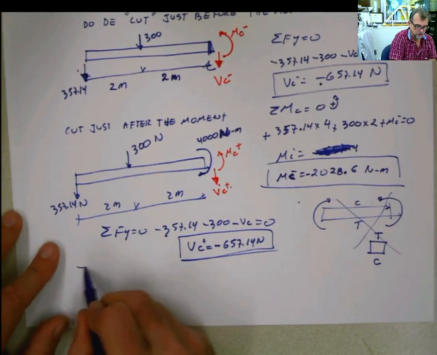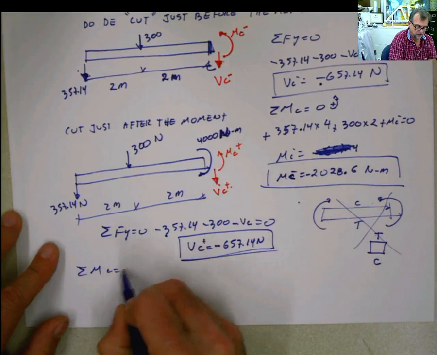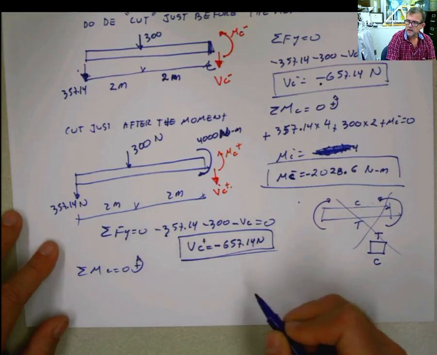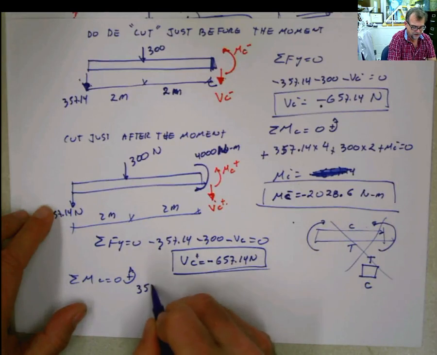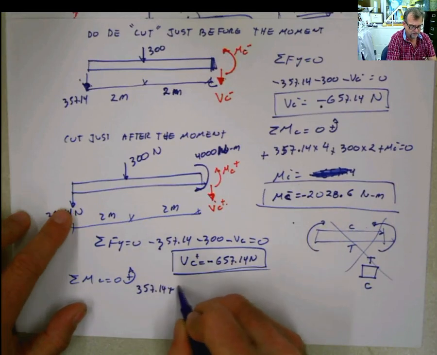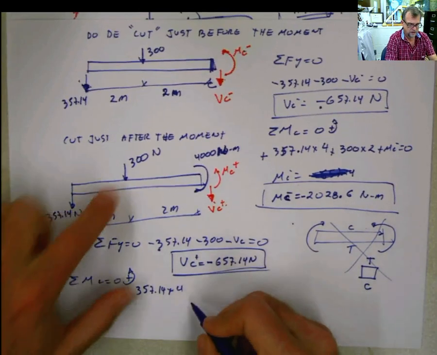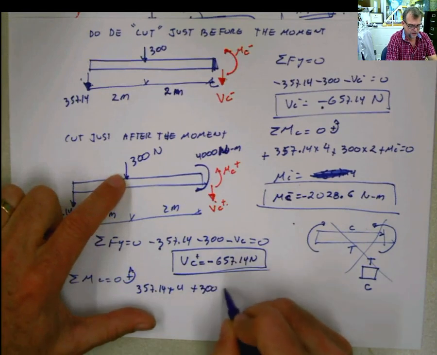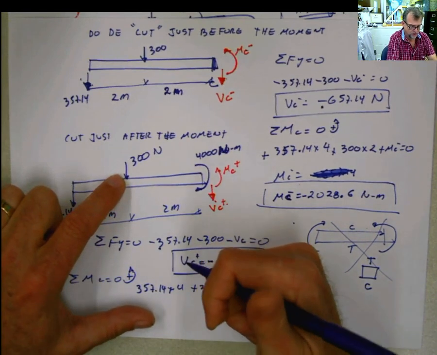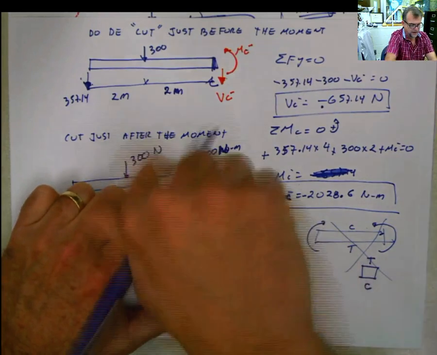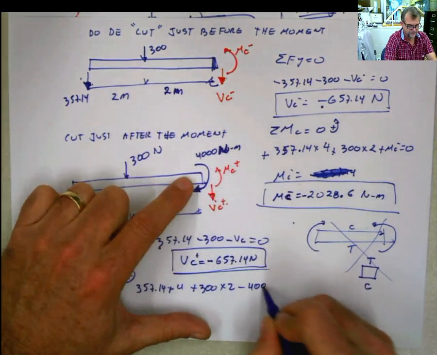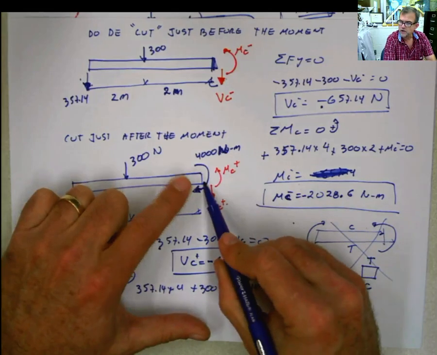Summation of moments at C equals 0. Then if I do that, I'm going to have 357.14 times 4 positive plus 300 times 2 positive. Now I have this 4,000 applied here, negative. If I take moment there, does that moment produce moment?